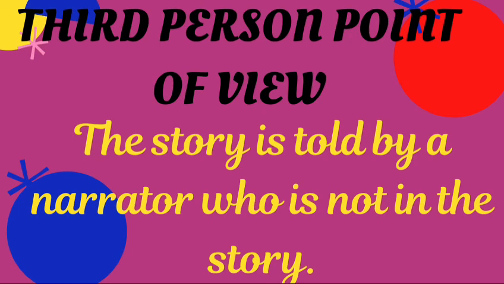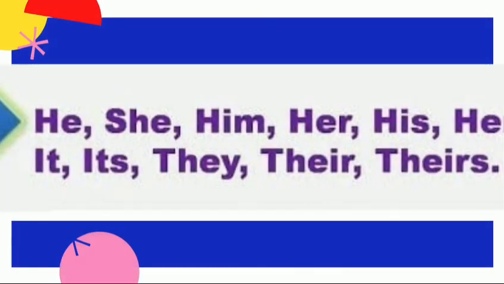This narrator knows everything. That is why he is also called the omniscient narrator, or eye of God. And the pronouns used here are he, she, they, theirs, and so on and so forth.